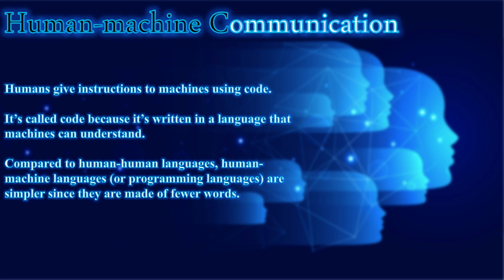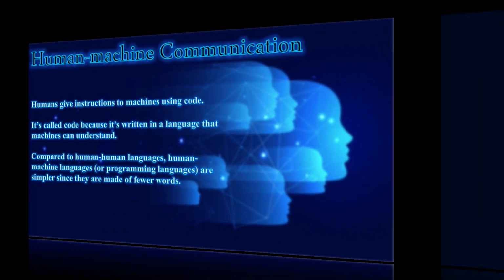So learning a programming language is much easier than learning a second language, for example, learning Japanese, Chinese, German, or something like that. Why? Because a programming language has fewer words than other languages.